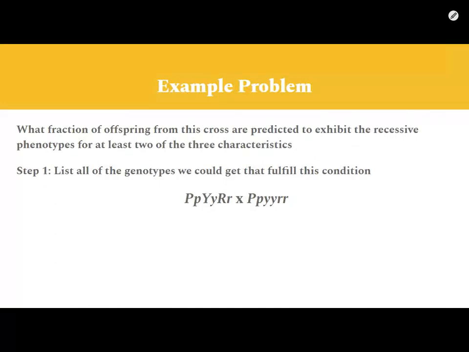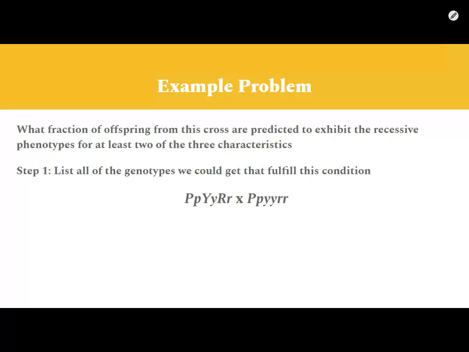Using this exact same cross, we want to know how many offspring exhibit recessive phenotypes for at least 2 of the 3 traits. How many offspring will have recessive phenotypes for at least 2 of the 3 characteristics?